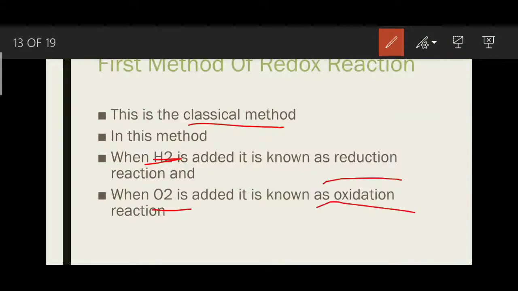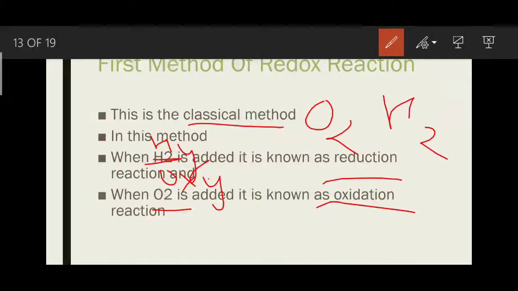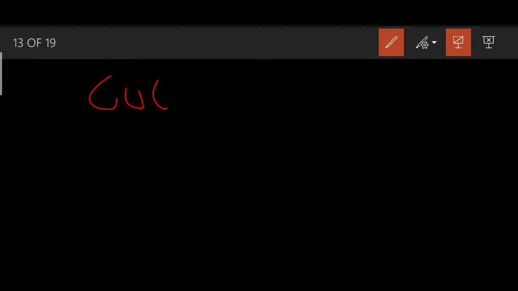It is not necessary कि वो O2 हो या H2 ही हो. सिंपल कहना था कि हाइड्रोजन या फिर ऑक्सीजन. सिंपल हाइड्रोजन ऑक्सीजन अगर ऐड होंगे तो भी वो रिडक्शन और ऑक्सीडेशन कहलाएंगे. इसका एक सिंपल सा एग्जांपल है अपनी बुक में. दूसरी जो इक्वेशन दी हुई है, that is CuO plus H2.